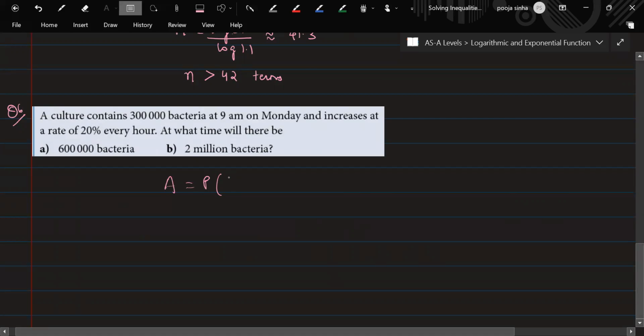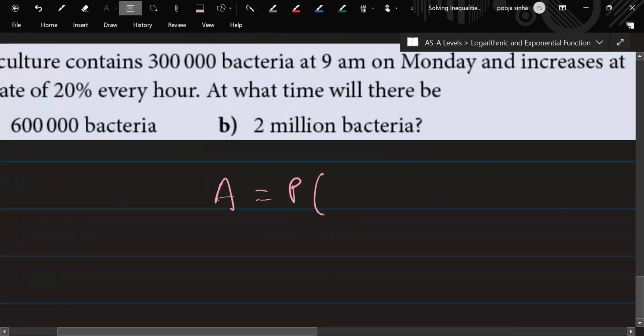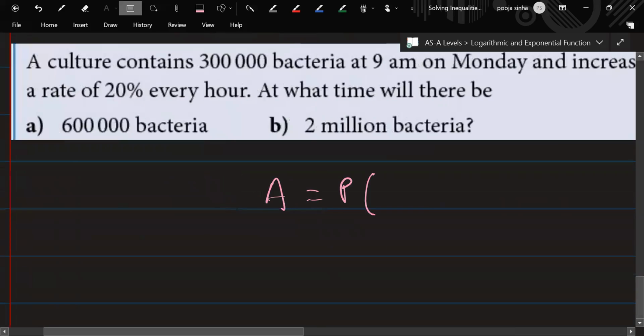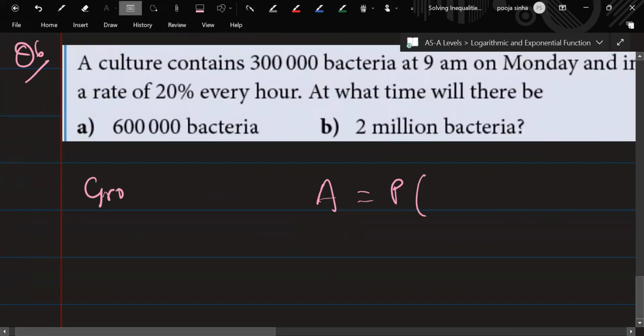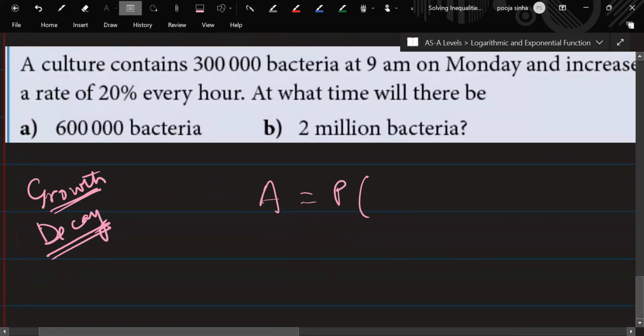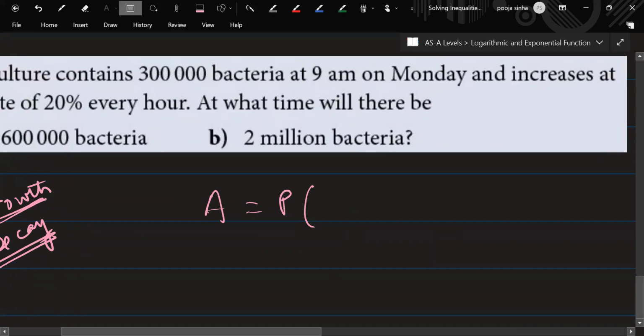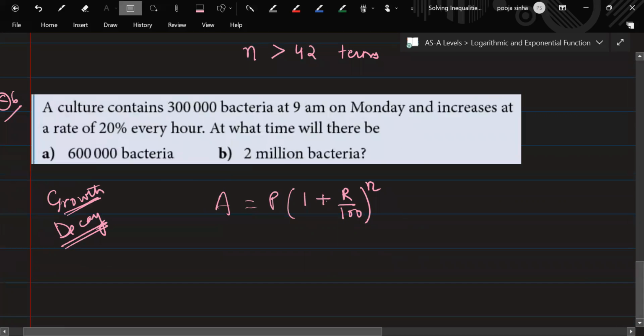So remember that all your growth and decay questions will always be done by compounding, because whether every month, every second, or every year, the compounding happens like this. It is rate upon 100 raised to power n.